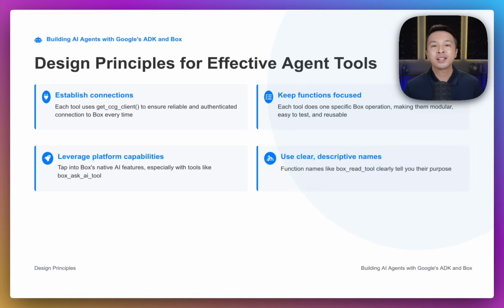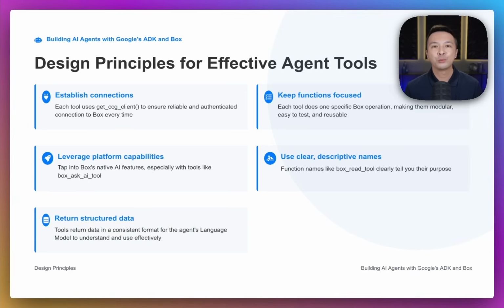Fourth, use clear descriptive names. The function names, like Box Read Tool or Box Who Am I Tool, clearly tell you their purpose. Fifth, return structured data. Our tools return data in a consistent format. This makes it easier for the agent's language model to understand and use the results effectively.